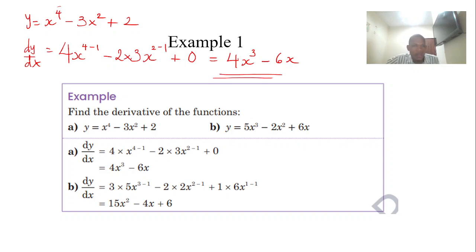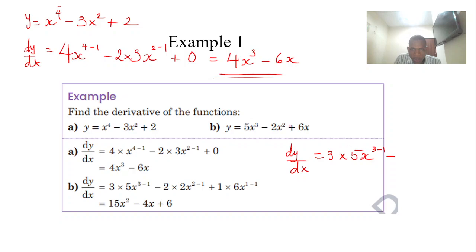All right, now let's solve the other one. Now what I have there is y equal to 5x cubed minus 2x squared, then plus 6x. If I differentiate this 5x cubed, in a similar way, bring 3 to the front. That 3 has to multiply the 5 when it comes to the front. So you have 3 times 5, then x to the power of 3 minus 1.